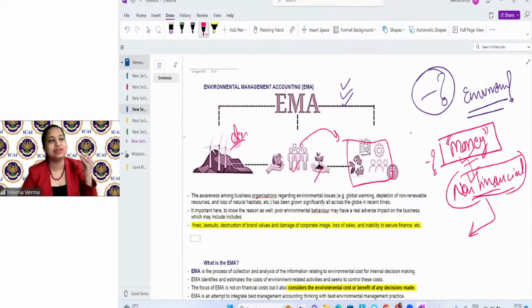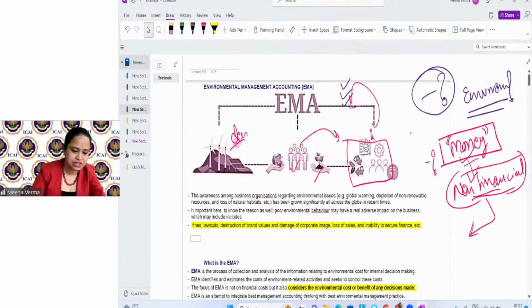Since we get the resources from the environment, organizations are actually liable toward the environment. So we should consider the impact of the business organization on the environment, right?